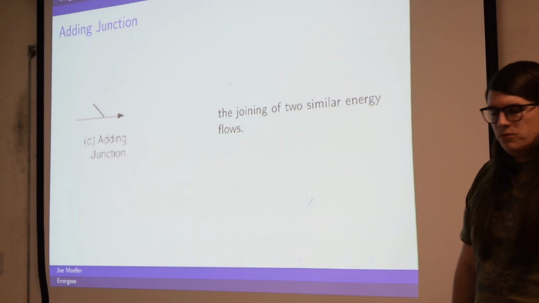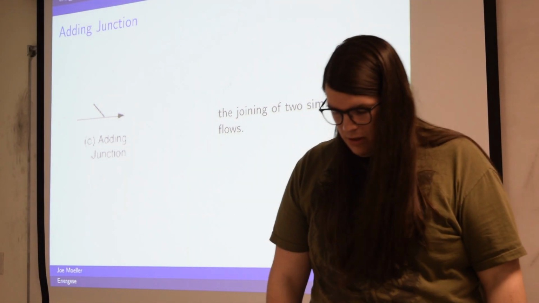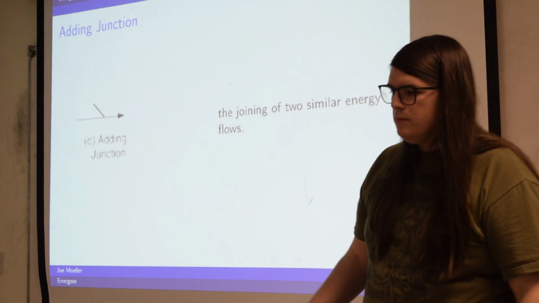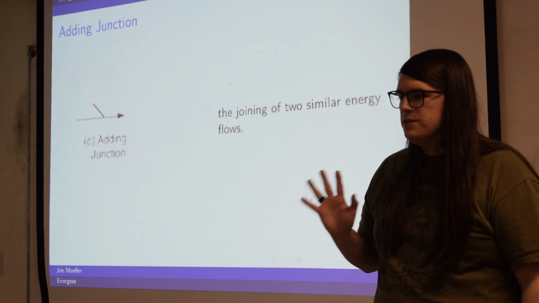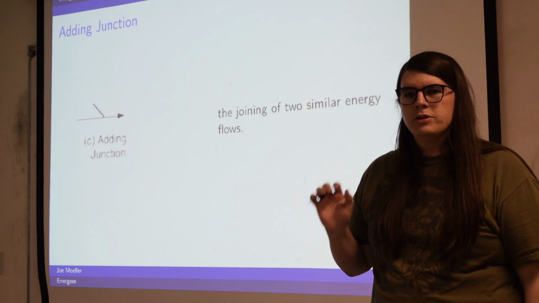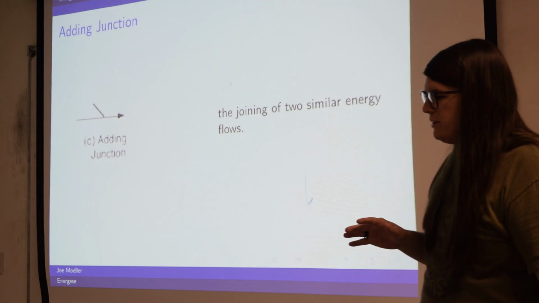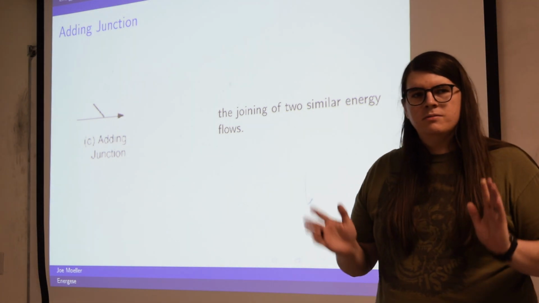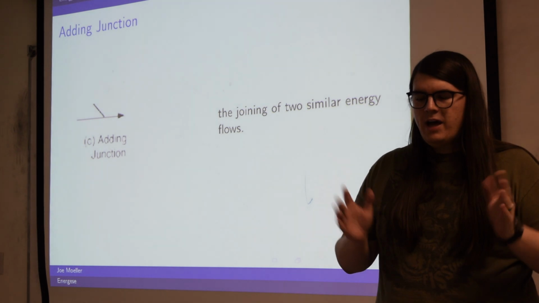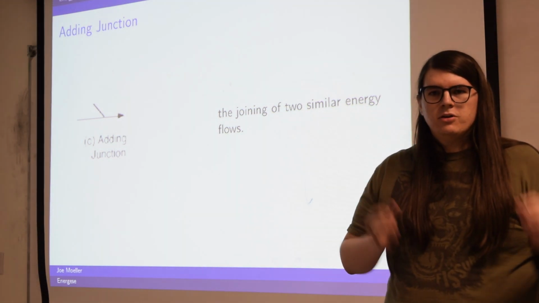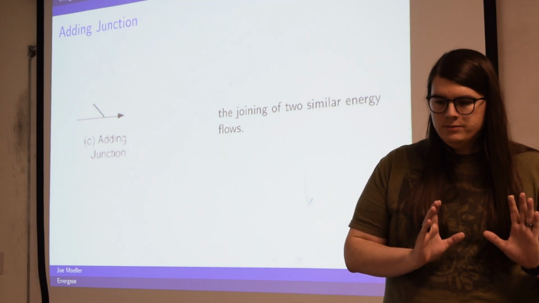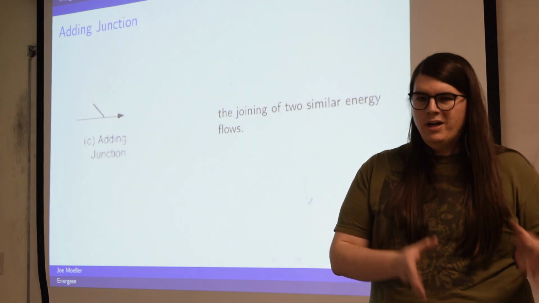From what I was reading, it seems like he uses his analogies very liberally. So sometimes he'll be talking about energy, and it's probably actually energy, but he could also be talking about money.